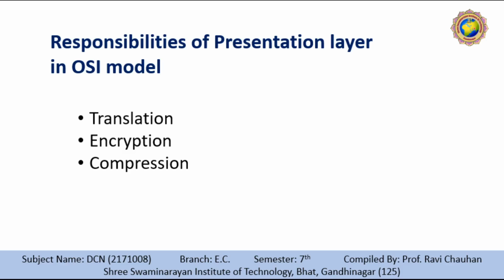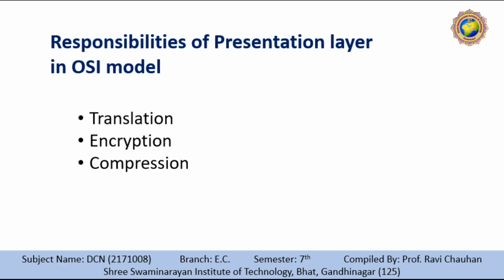Last is compression. Data compression reduces the number of bits contained in the information. Data compression becomes particularly important in the transmission of media such as text, audio or video. Let's take an example. Suppose you are sending your images through some social media platform.